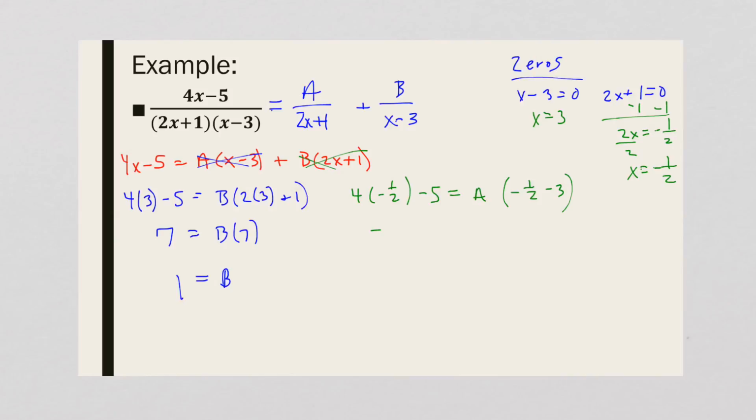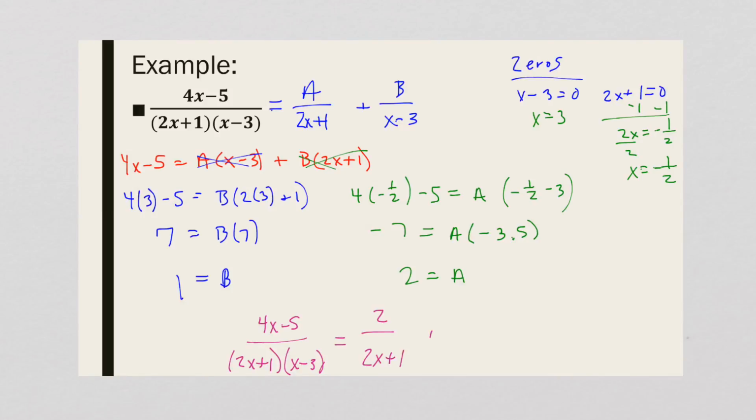Well, 4 times negative 1/2 is negative 2, minus 5 is negative 7, equals a times negative 3.5, so a equals 2. And there's your final answer on that one.